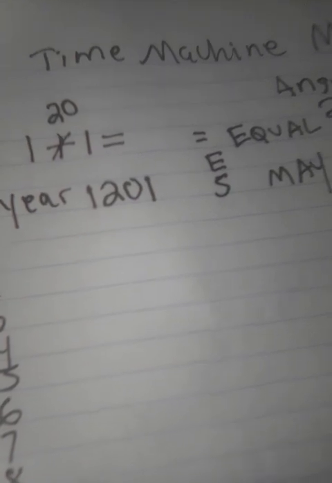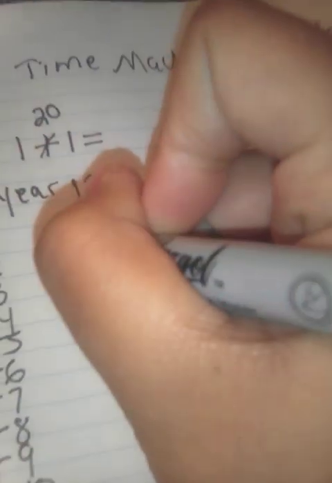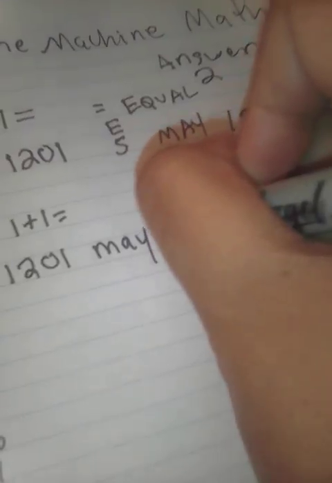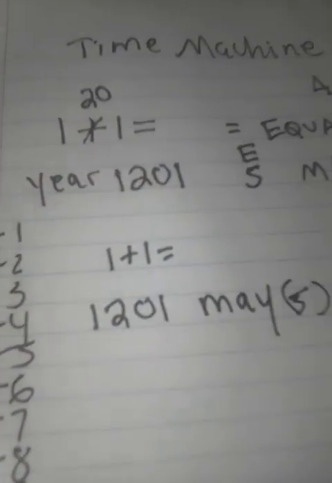So 1 plus 1 equals, if you use this method that I just showed you to turn it into a year, you can read it as the year 1201 and the month of May, the 5th month, in the year 1201.